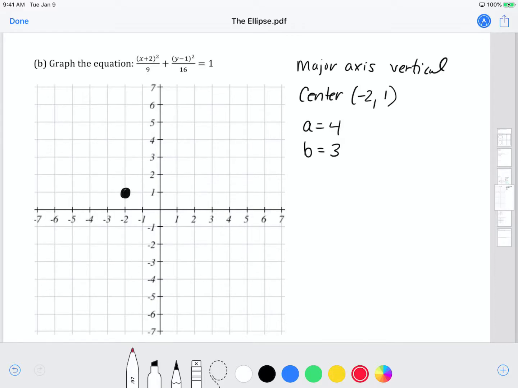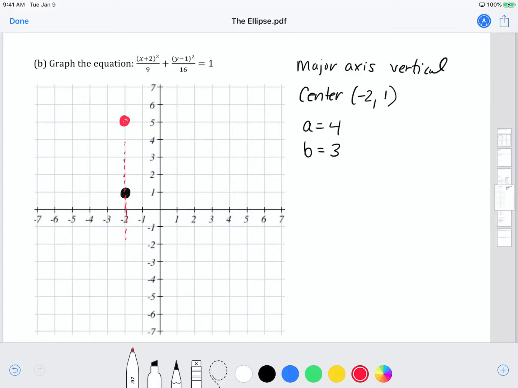My major axis is going to be vertical. So when I plot my vertices on the major axis, I have to come out from the center and go up and down a distance of A. So to draw the first vertice from the center, I'm going to come out 4. So 1, 2, 3, 4, that would land me right here at -2, 5.